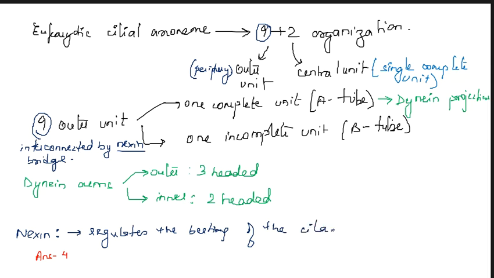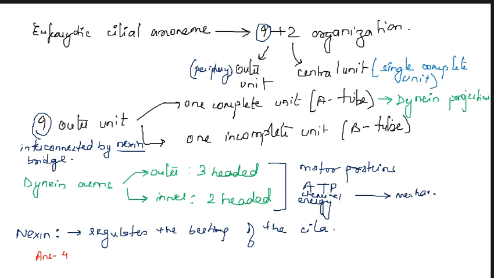And where does the energy for the movement come from? It comes from the dynein arms. What do these dynein arms do? These dynein arms are motor proteins. They convert the chemical energy from ATP into mechanical energy for movement.